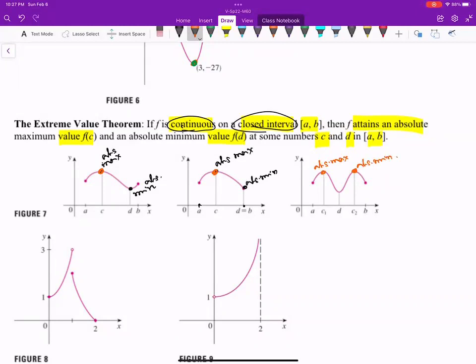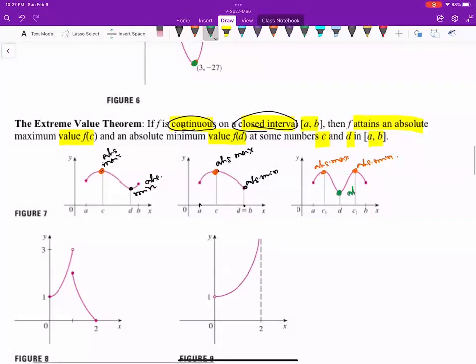And there is an absolute minimum in the graph, which is this one. That is the lowest of all. Right. So in this graph, the function is continuous. There is no hole or break. And therefore, it's also defined on the closed interval AB. That's why you are able to find an absolute maximum and an absolute minimum.